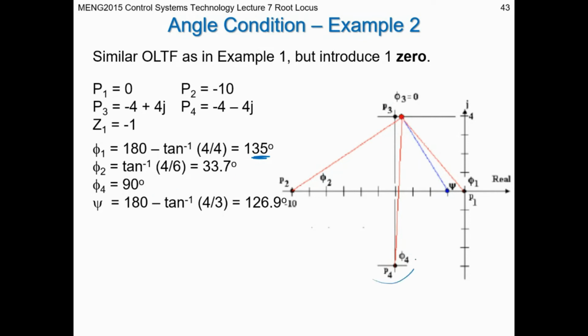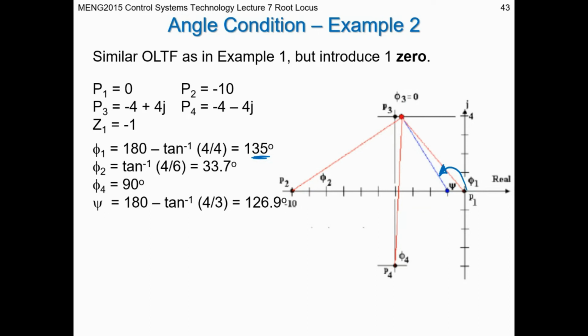Phi4, that's the complex conjugate, so it's always going to be the angle measured like this, of course, right? Or 90 degrees, sorry, not -90. But now we have our 0. So our 0 is going to basically be the same angle that our pole was before, which is, sorry, 126.9 degrees.